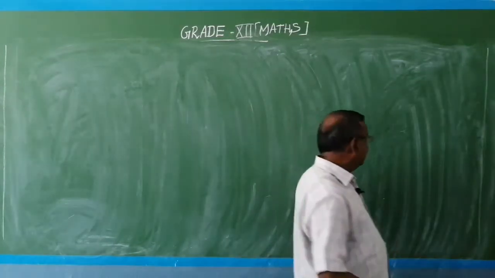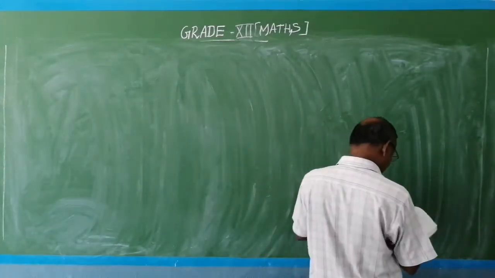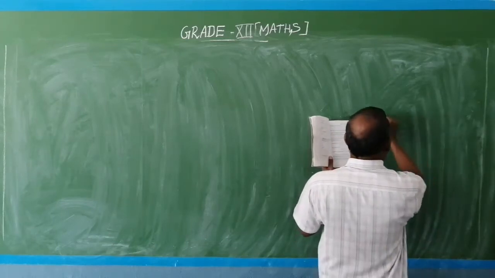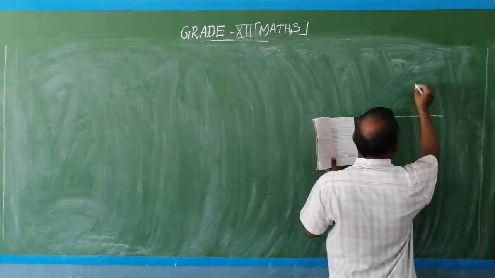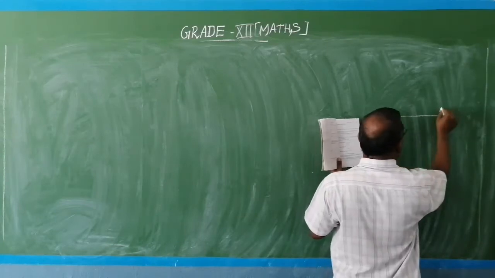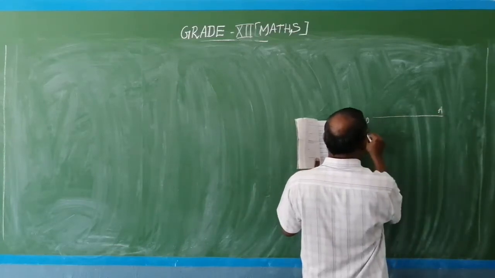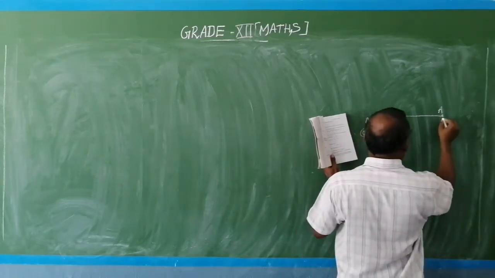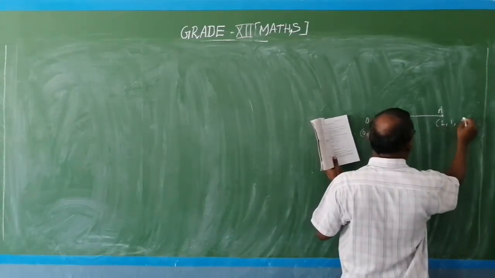Now consider a line, and let it be OA. So O is the origin (0, 0, 0) and A is the given first point, that is (2, 1, 1).